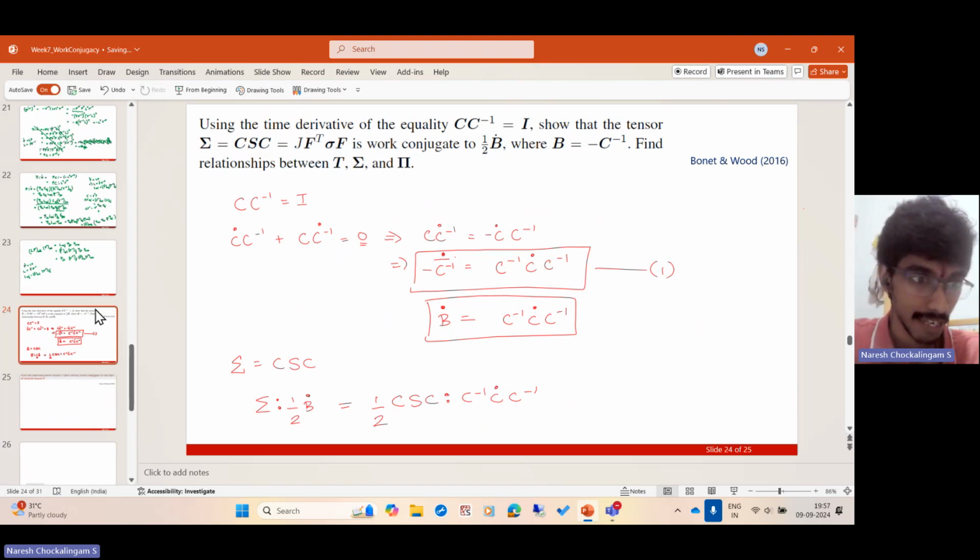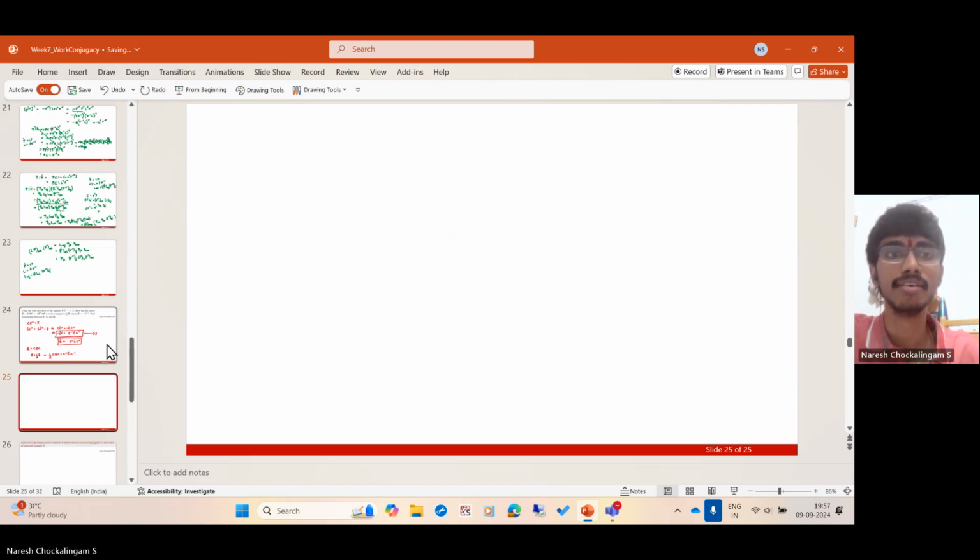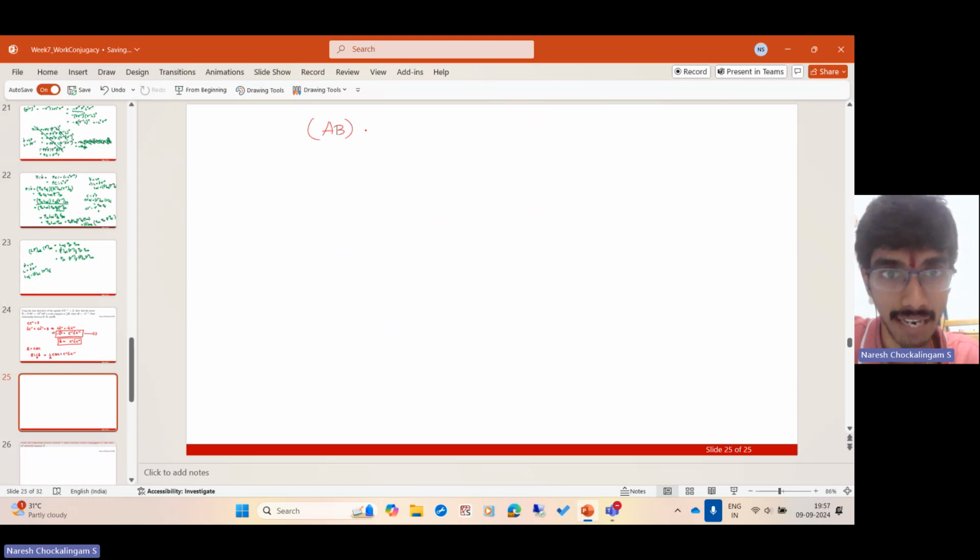Now again, let me show a general result which can be useful for several problems, including the previous one where we got stuck. So the double contraction of a tensor AB with another tensor C is equal to B contracted with A transpose C.